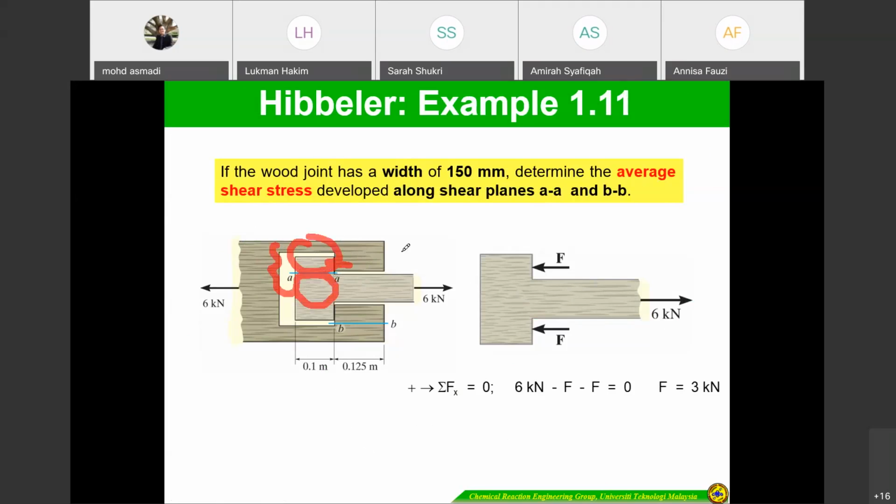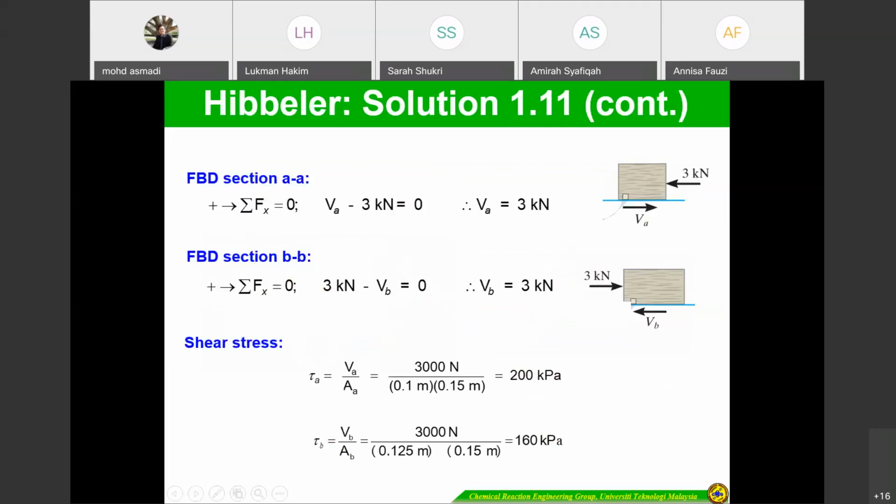If we introduce more load, it's going to be divided into two, so there's going to be shear stress there. You introduce the force to the left side, and the internal force is going to be in the opposite direction.